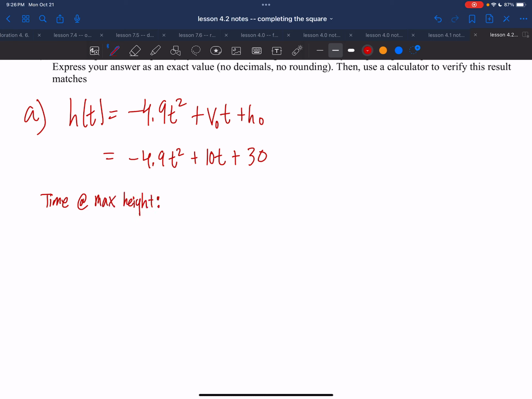This is where the vertex is, the x-coordinate of the vertex. Time t can be found by using negative b over 2a. So I take the b value, that's 10, and the a value, negative 4.9. So that's a and that's b.